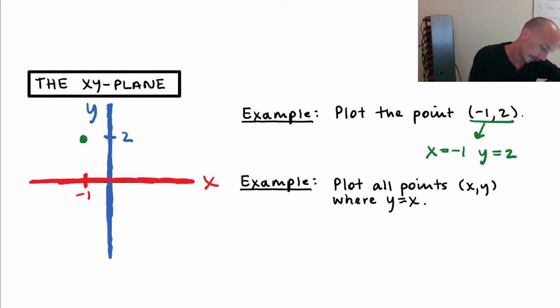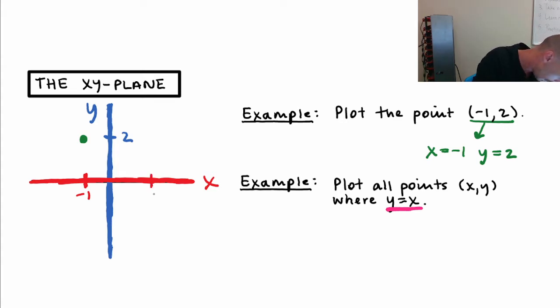Now we're going to plot all of the points where y is equal to x. What I want you to see here is that when we plot all of the points that satisfy an equation, we're going to get a line, or later on in this class, we're going to get a curve. If we want y equal to x, we probably want the point 2, 2, because 2 is equal to 2.